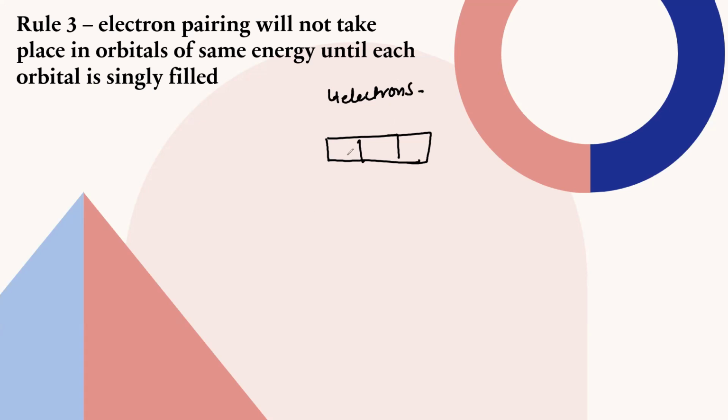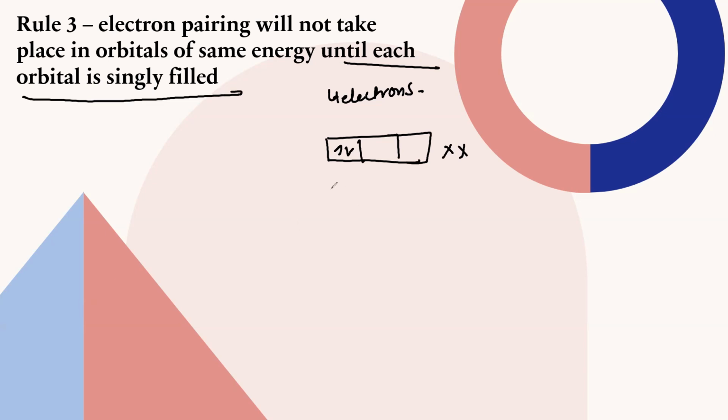Now you know that an orbital can accommodate a maximum of 2 electrons, correct? So I'll put 2 electrons, 1 and 2. No, this is the wrong way. We don't do it like this. They are saying electron pairing will not take place in orbitals of the same energy until each orbital is singly filled. So focus on this line: each orbital is singly filled.